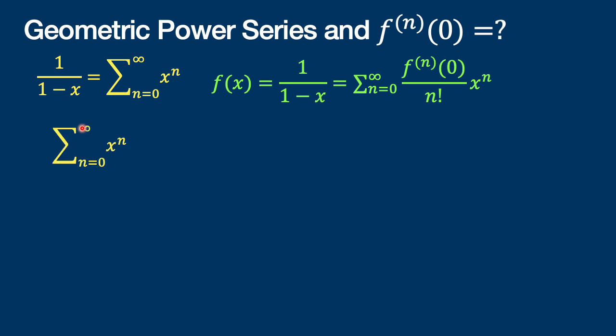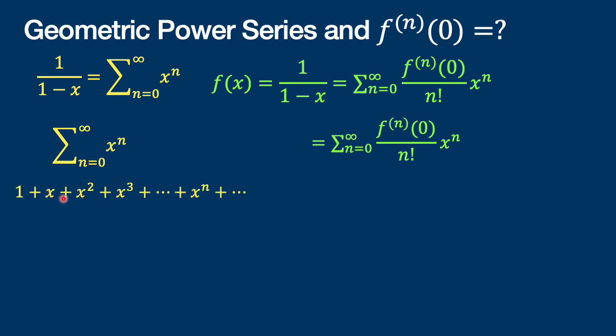So the power series here is the summation n equals 0 to infinity of x^n. The Maclaurin series for the rational function is going to be this form. These should be the same because it's the same function. On the left side, I'm going to expand the sigma notation: 1 plus x plus x squared plus x cubed.